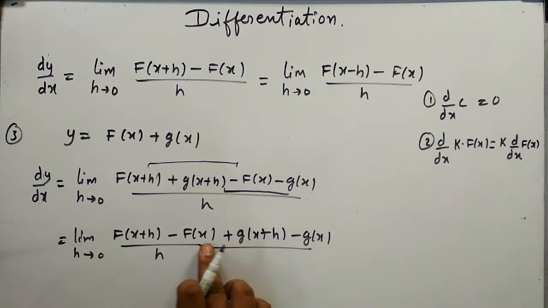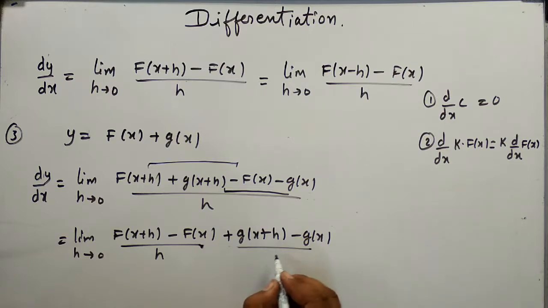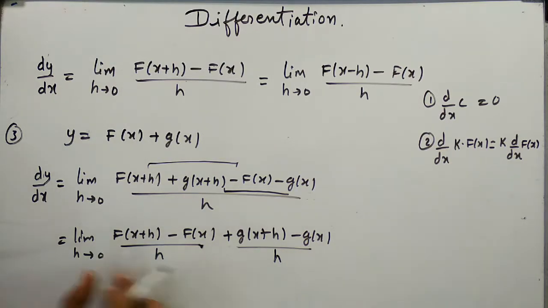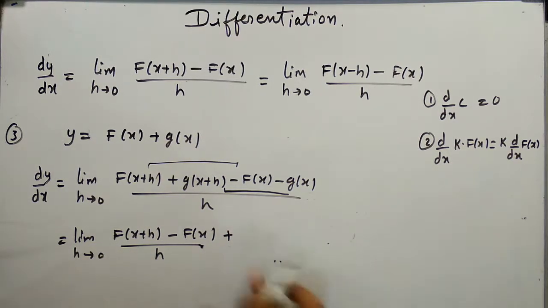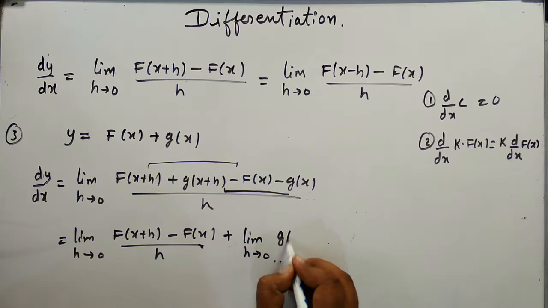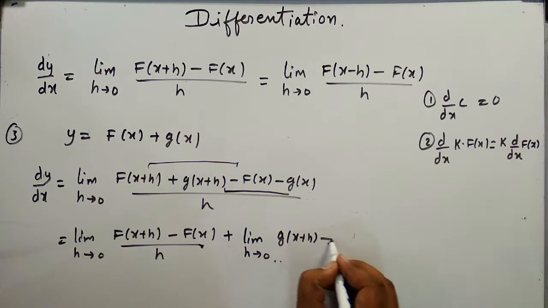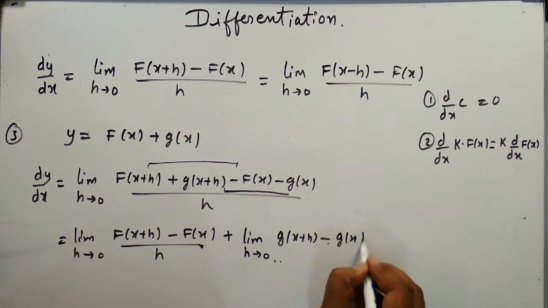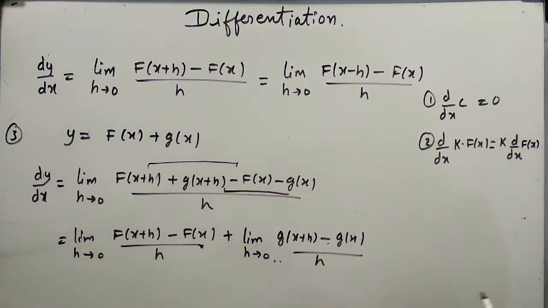Now we can distribute this h to both terms, and we can also distribute this limit, so we will get here limit h tending to 0 of g of x plus h minus g of x upon h.